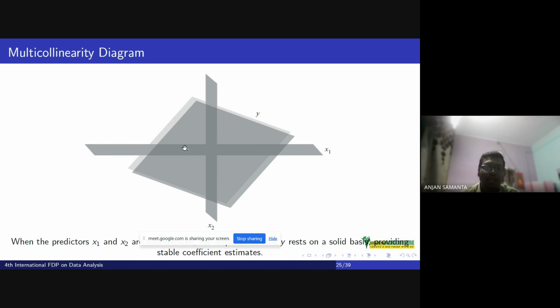If they are quite distant from each other, the ideal distance being 90 degrees, then it is stable. So our target is that the input variables should not be very much correlated. Otherwise the regression model will not be stable and will not give you good results. So they should be independent of each other. We need the multicollinearity to be 0 or at least very low.